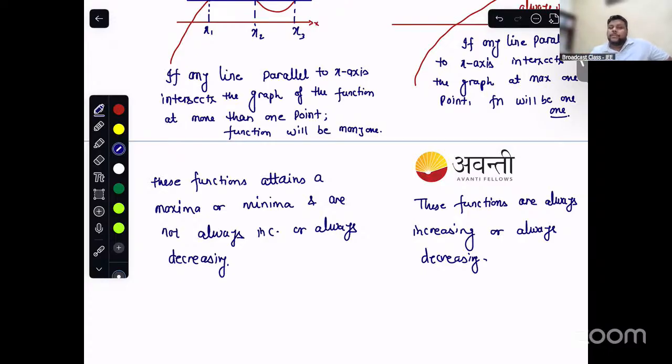Got it? So not always increasing or always decreasing means they are having a maxima or minima in their interval, wherever the function is getting turned. So the moment it is turning, it will become many-one.